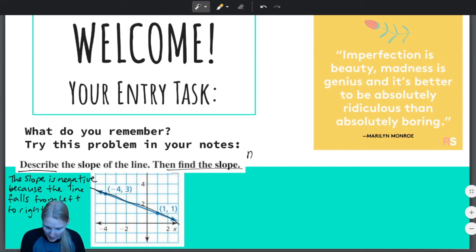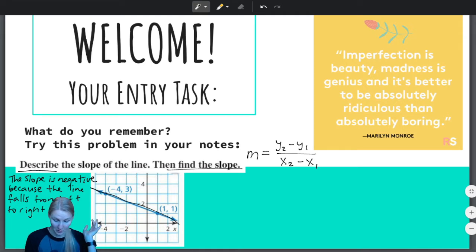We remember that slope, and we call slope m, of course, is equal to the difference of my y-coordinates divided by the difference of my x-coordinates. So let's make this point number 1 and this point number 2.